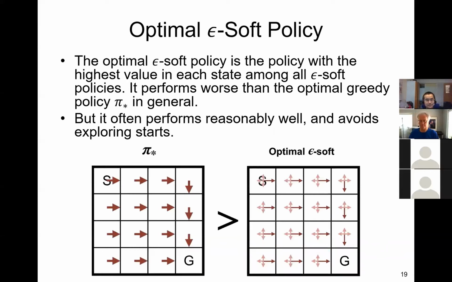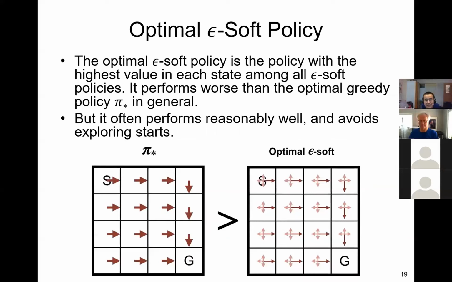The optimal epsilon soft policy, or epsilon greedy policy, is the best policy, with the highest value in each state among all epsilon soft policies. In general, it performs worse than the optimal greedy policy pi star. In general, the greedy policy with the optimal Q value function is the optimal policy.